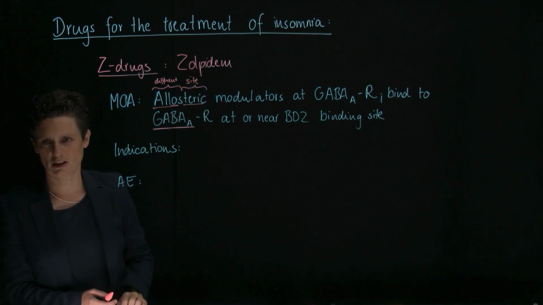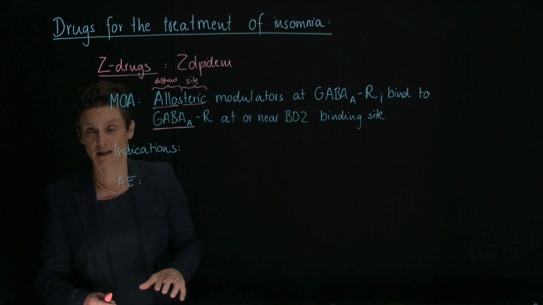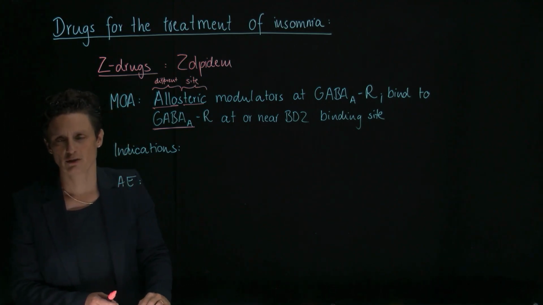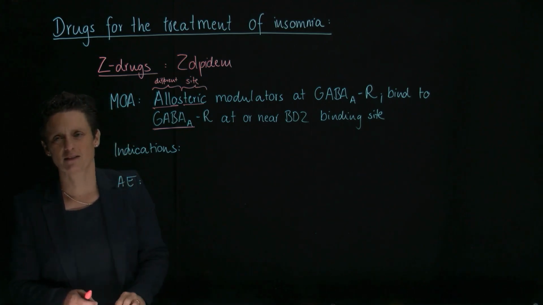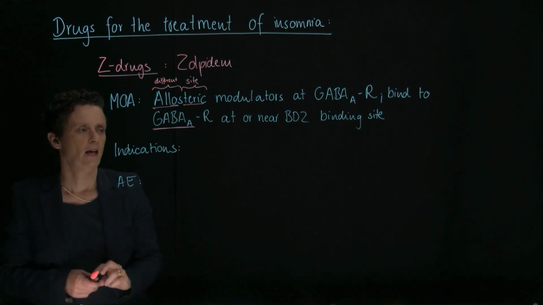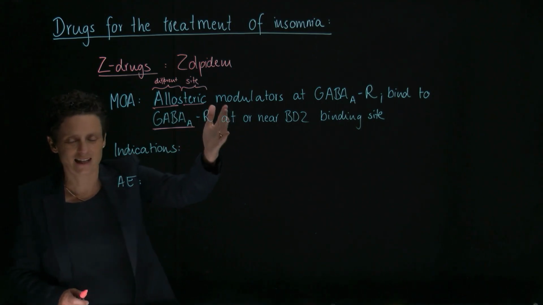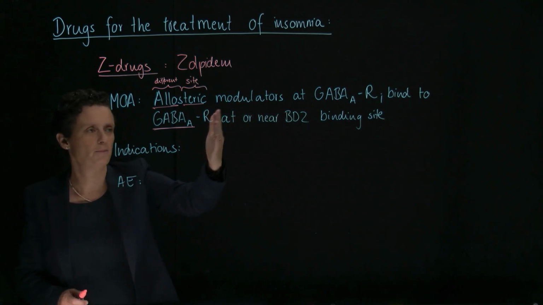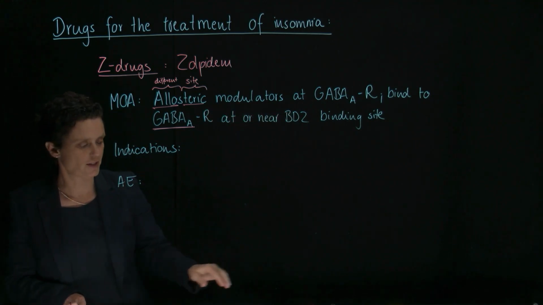They cause a conformational change so that GABA can bind with higher affinity to the GABA receptor. Chloride is going to flow in and you're going to have this GABAergic inhibition. They bind either at the same site or near the benzodiazepine receptor site, so very similar.